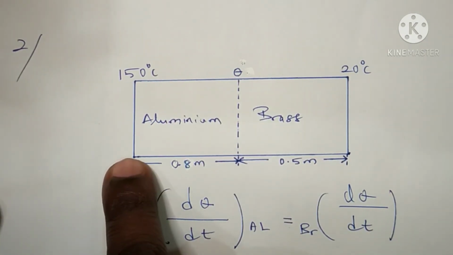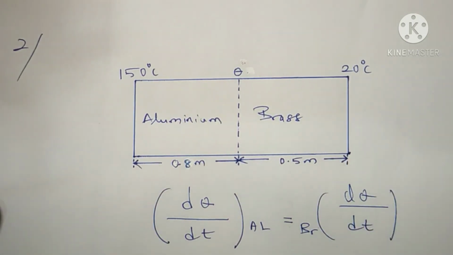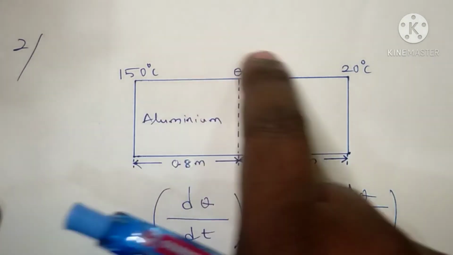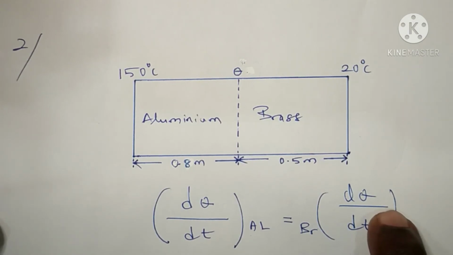The cross-sectional area for aluminium equals the cross-sectional area for brass. And it is crystal clear that the question stated no heat is lost to the sides of the rod, so it is well insulated. So the rate of heat flow for the aluminium equals the rate of heat flow for the brass.